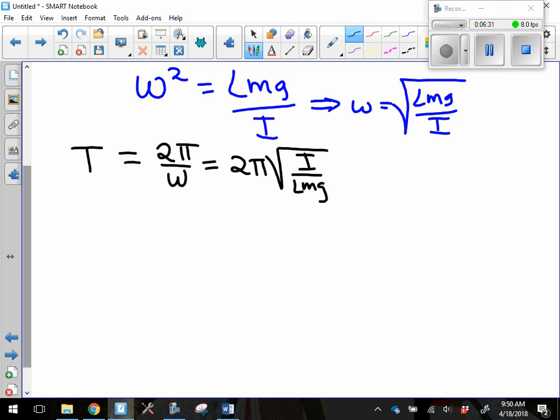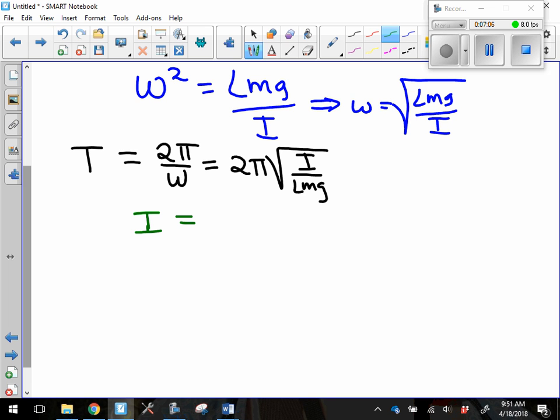But because I have a simple pendulum, I can actually come up with a value for I. How do I find rotational inertia? What's the formula? No. Usually we say m r squared if I have a point mass.